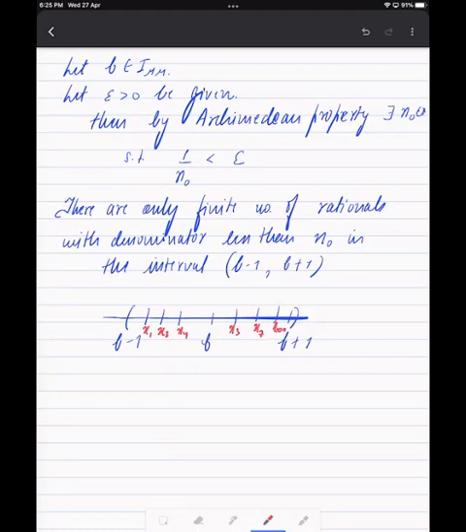It has to stop somewhere because it is finite. So I will take the distance of b from every rational number, take the minimum distance, and make a neighborhood within that distance. So no rational number would be in that neighborhood.